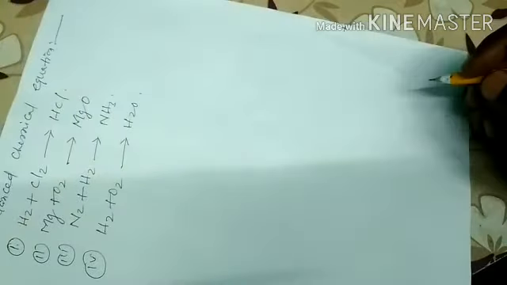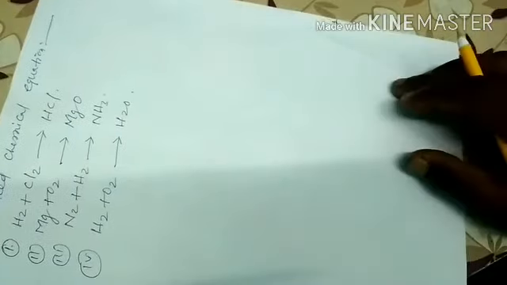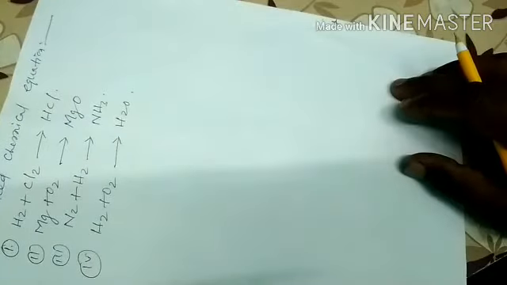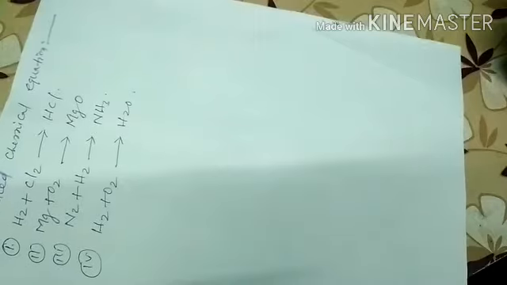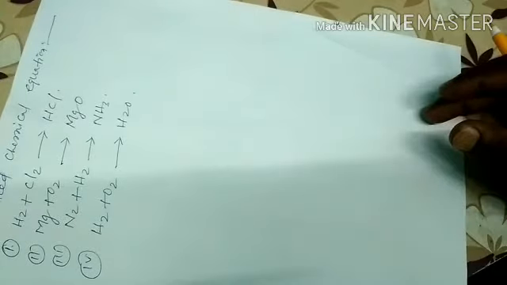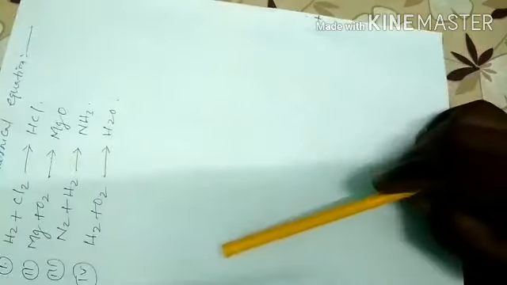The definition of reactant is: those chemical species which participate in any chemical reaction are known as reactants. And products are the substances which are formed after the participation.